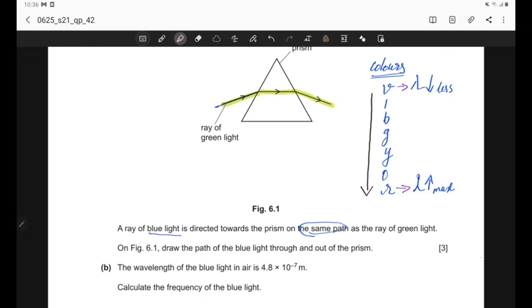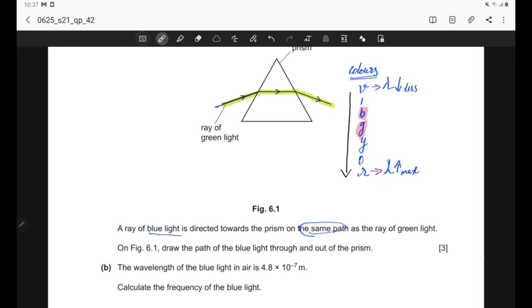Now in the given question, there are two colors mentioned. The first one is green and its path is already shown. And the second color is blue. So we have to check what will happen to blue. Before that, we can check what will be the amount of deviation or refraction when these colors pass different boundaries. Here we can understand that when the wavelength is less, the deviation will be more.